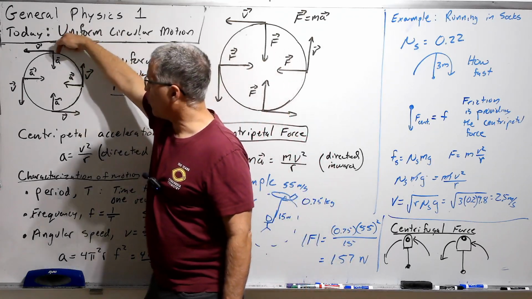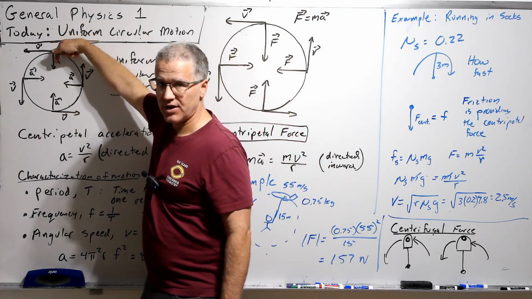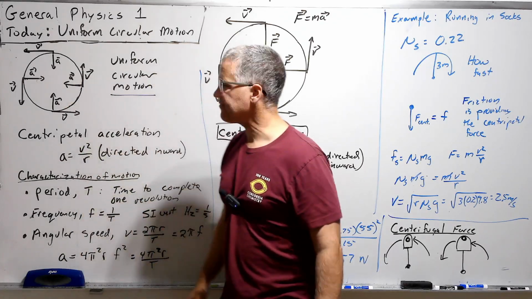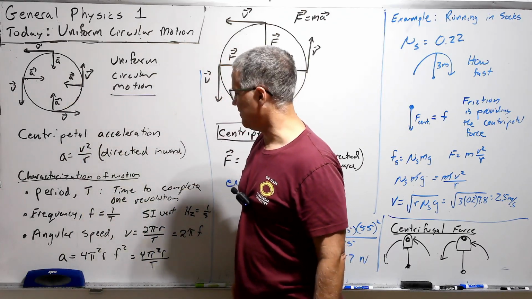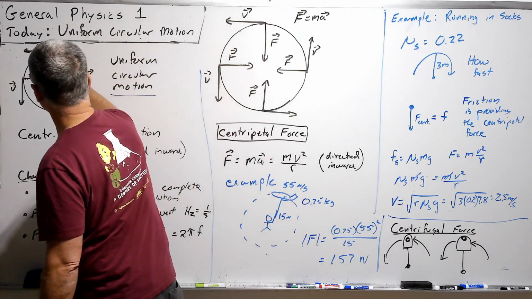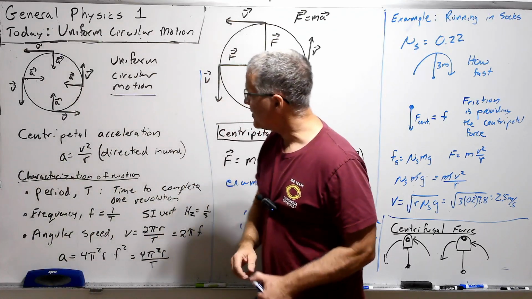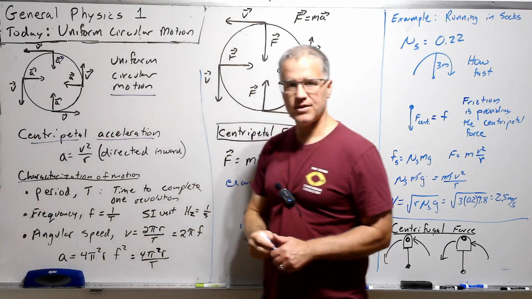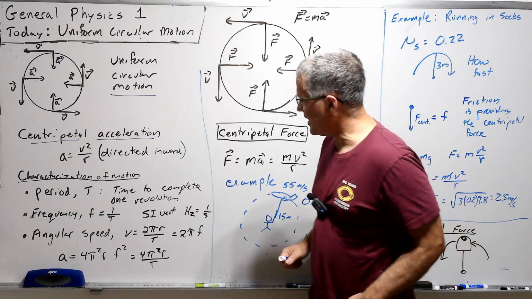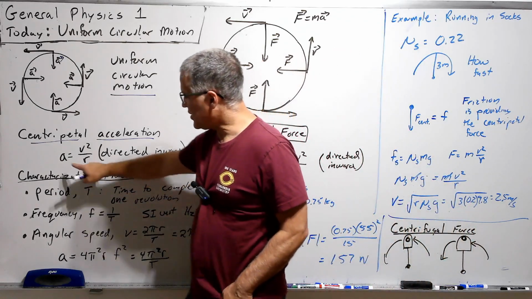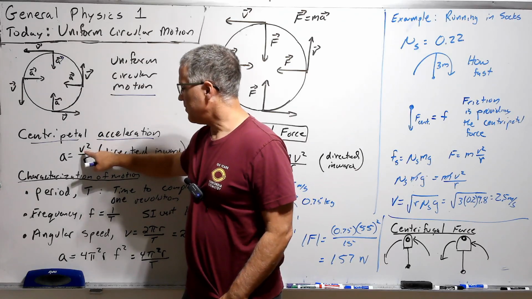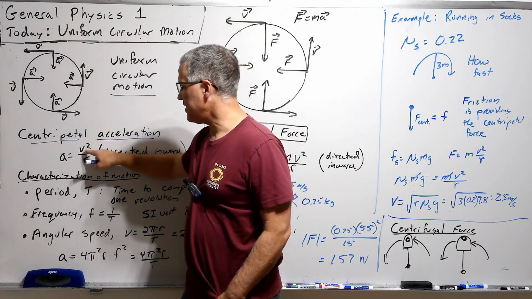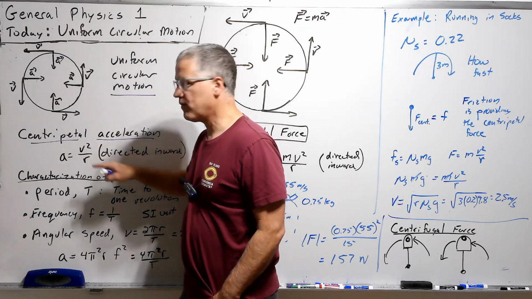And then normal to the circle pointing inward is the acceleration vector. And that's referred to as centripetal acceleration. And we've already derived the formula, but we'll write it here again, that the magnitude of the acceleration is given to us by the velocity squared over the radius.